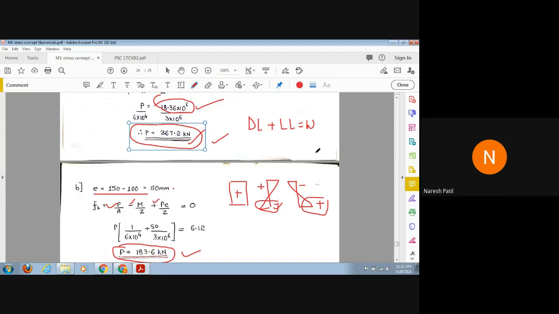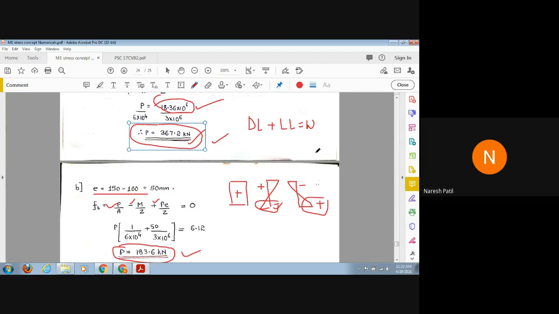So the answer is here. When the cable is concentric, we require 367 kilonewton force. And when the cable is eccentric with an eccentricity of 50 mm, we require only 183 kilonewton of force.